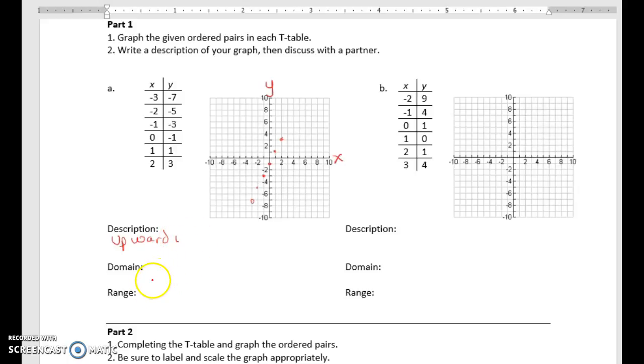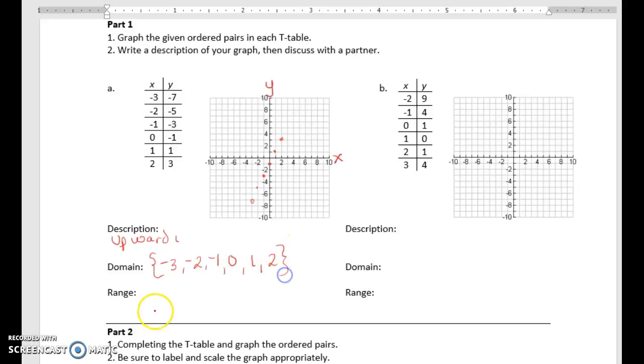And then the domain. The domain is the input values that make sense to this problem. We're just going to list out all the inputs that we have here, using set notation, the little brace there: {-3, -2, -1, 0, 1, 2}.